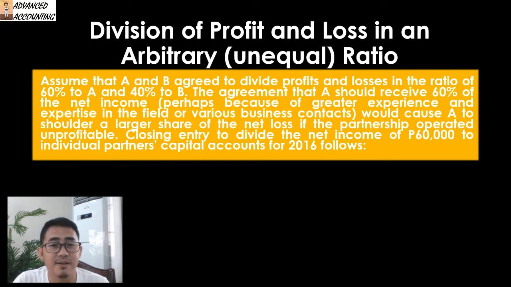It's not always fair; sometimes it's unfair. But as to the reason why they would agree to an unequal division of profits and losses, it's up to them. As long as we are looking at their partnership agreement, we should implement whatever is in it in the division of profits and losses.